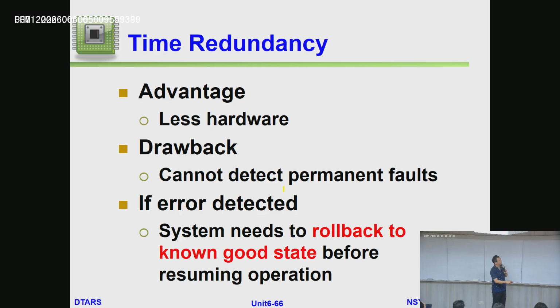If errors are detected, then usually we will roll back to a known good state. For example, if you find there are some errors, we try another time to see if the errors disappear. If we still find errors, then we need to go back to some checkpoints that you saved in order to resume normal operations.